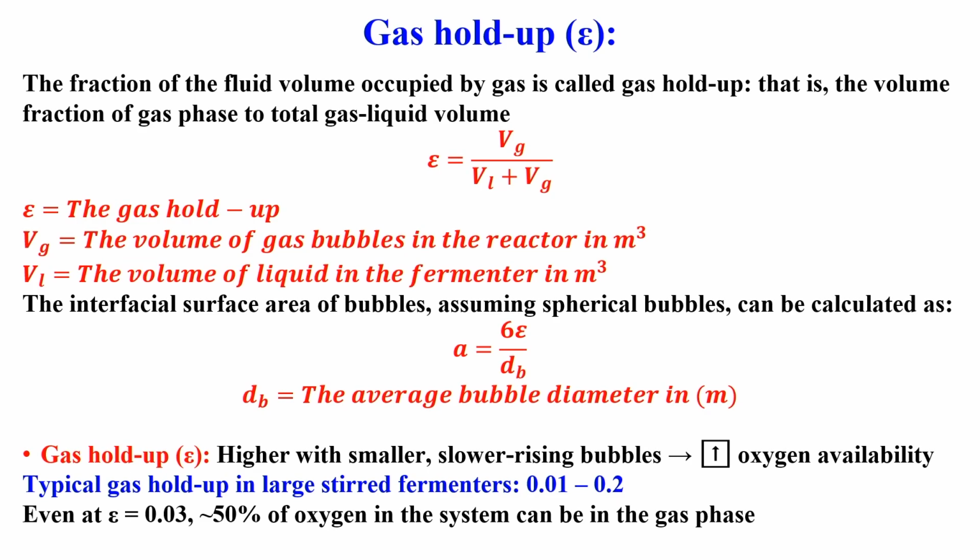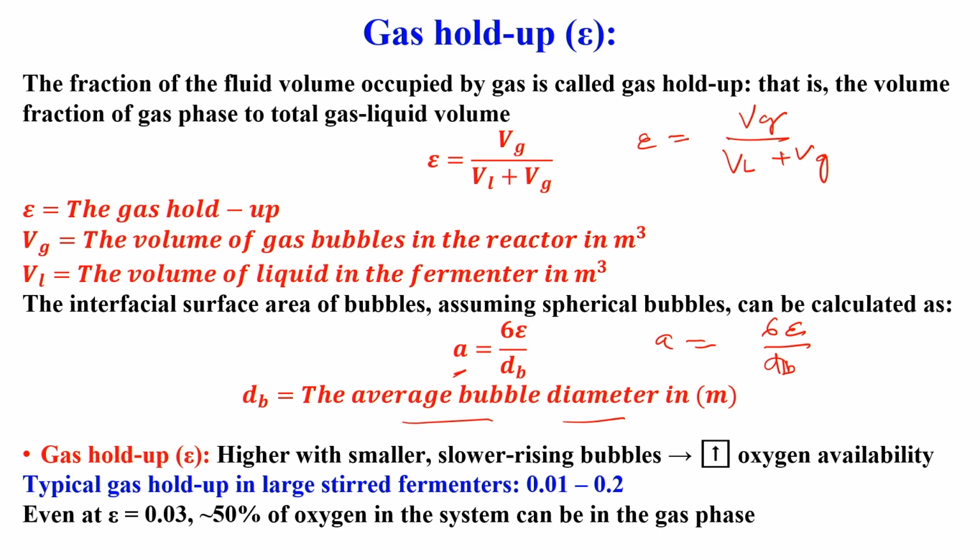The next term is gas hold up. Gas hold up is defined as Vg, the volume of gas bubbles in the reactor, divided by the volume of liquid in the reactor plus the volume of gas in the reactor. Interestingly, the interfacial area is related to gas hold up divided by the average bubble diameter dB.